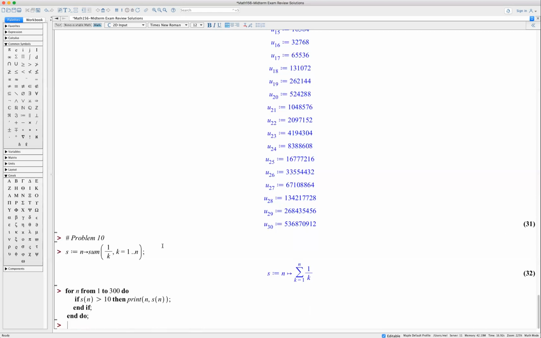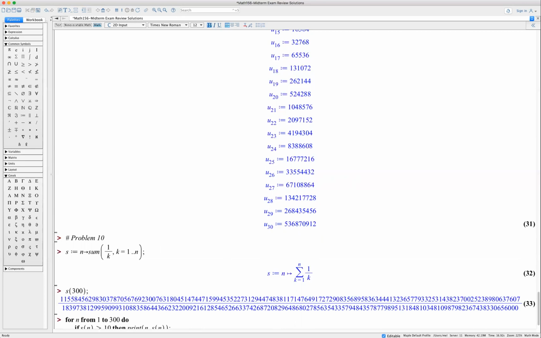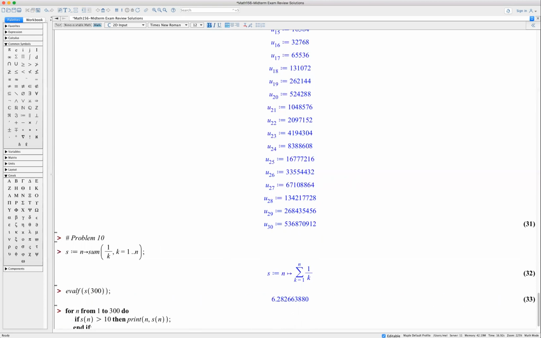I'm sort of curious, what is s of 300? Let me get this as a decimal. Well, it's only 6. I go out to 1,000, 8.